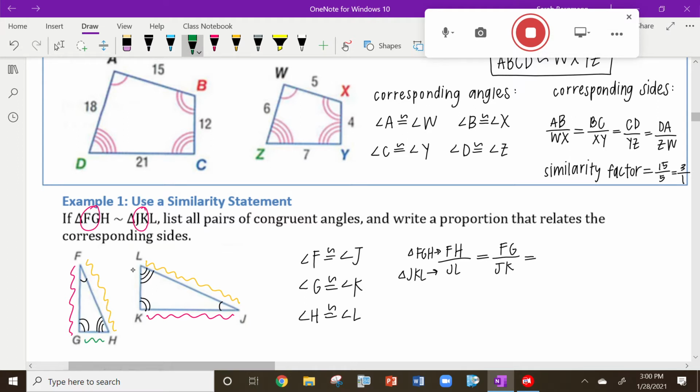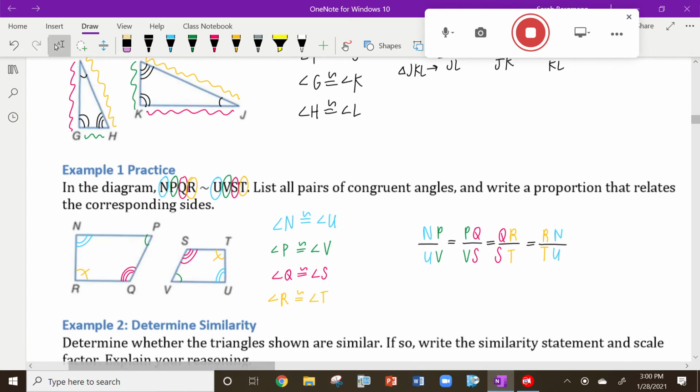Finally, GH corresponds to KL, so I know that their ratio is the same proportion as the other two. Pause the video and try the same practice problem below. Here's the correct answer.